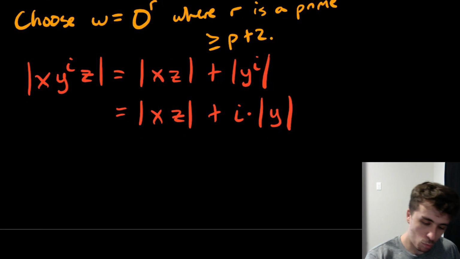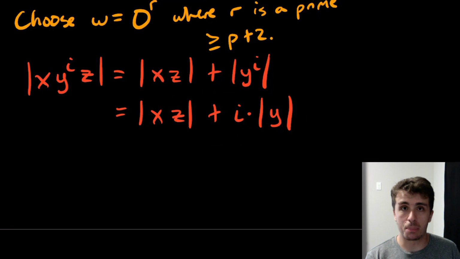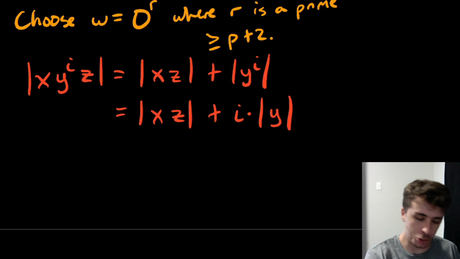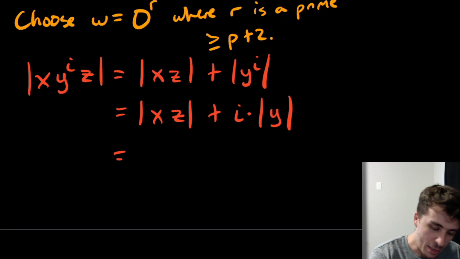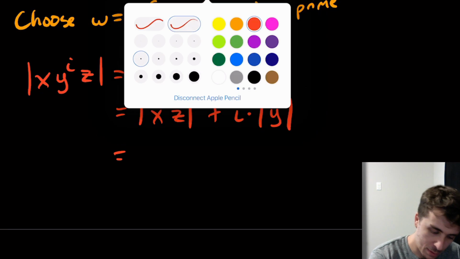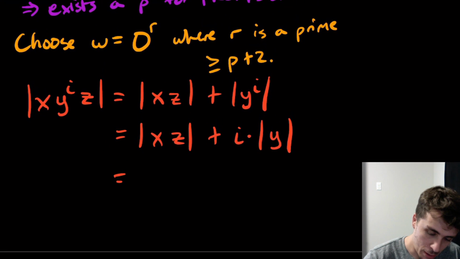Okay, well, what can we say about this here? Well, what we can say is we want to show that this is the product of two numbers, both at least 2. Well, how can we actually do that? Well, what we can say is we know that, so let's actually put a little bubble over here.